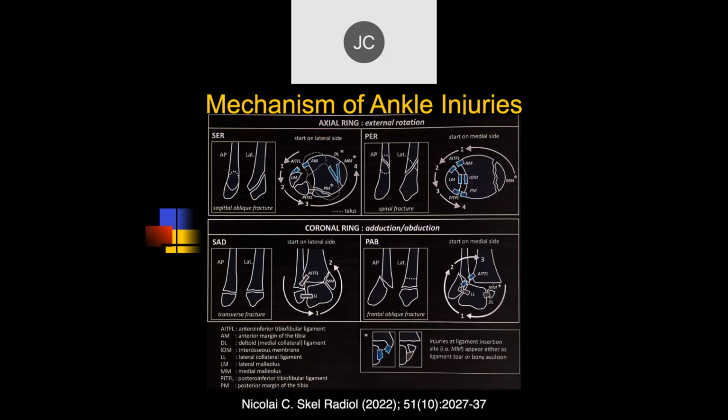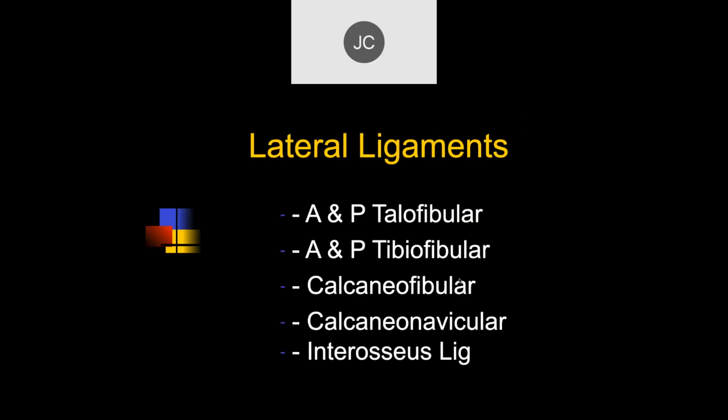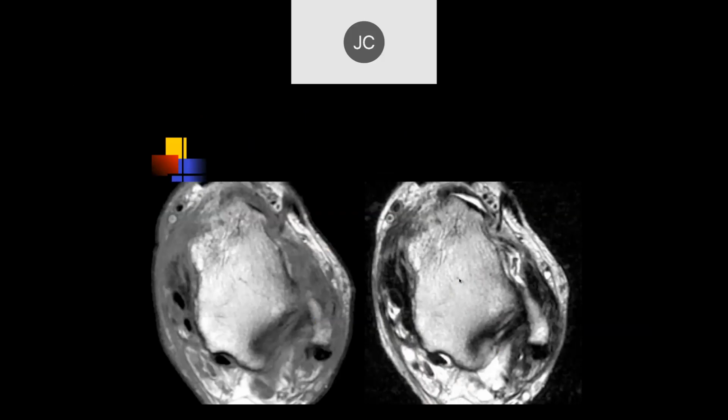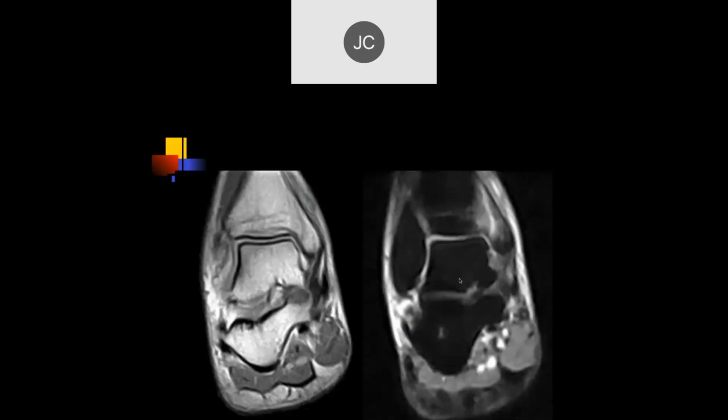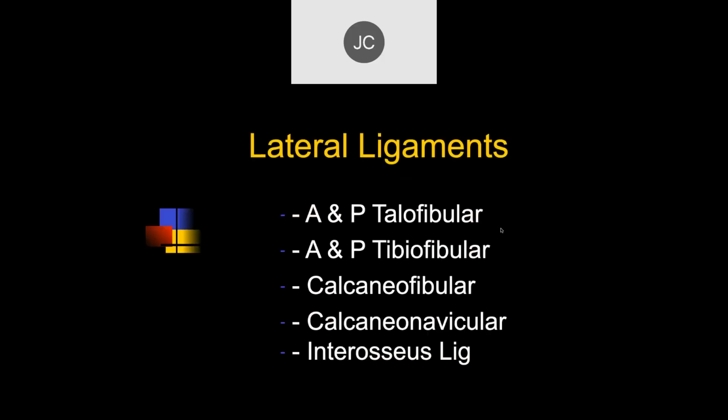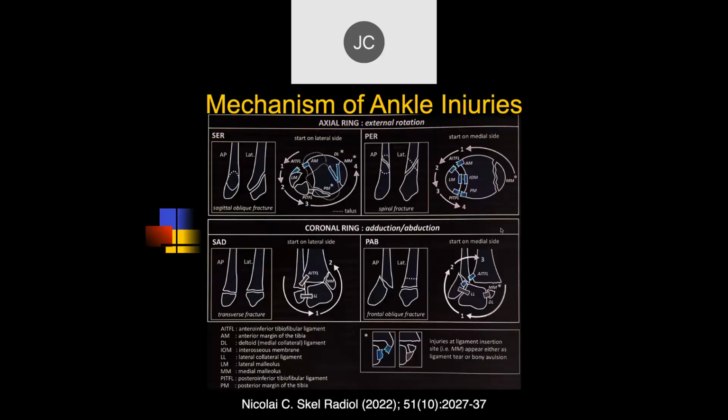And this fits nicely in here about the PAB, which is a pronation type injury. I'm sorry, let me go back and make sure I remember what I was talking about. Yeah, I'm sorry, that's the medial side. Sorry about that. My error.